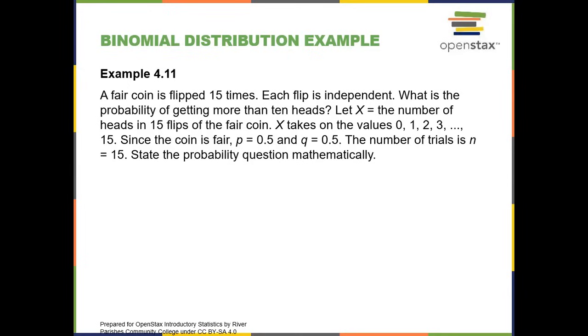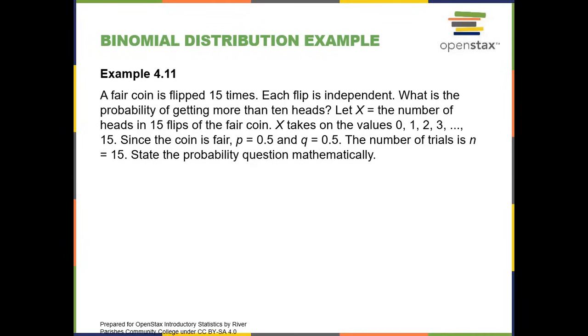The probability of success is 0.5, probability of failure, q, is 0.5. The number of trials is n equal to 15. State the probability question mathematically: what is the probability that X, capital X, is greater than 10?